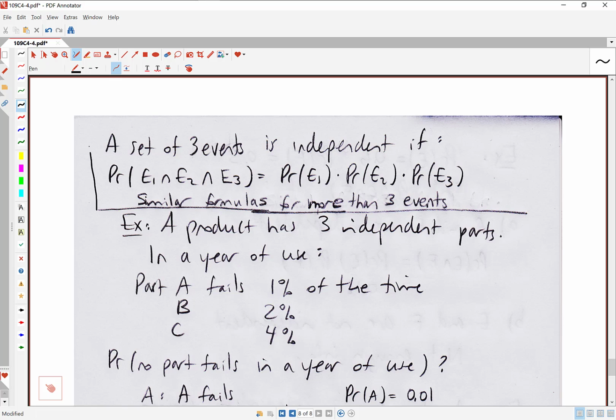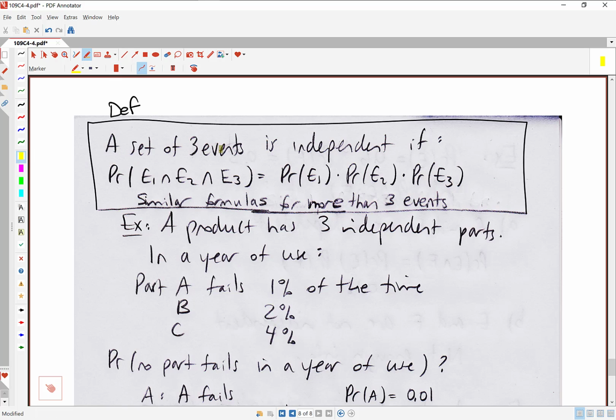Now, occasionally we may see situations where we've got 3 or more events. So let's do a quick definition for what independence means in that context. We'll say a set of 3 events is independent if the probability of, let's call our events E1, E2, E3, probability of E1 and E2 and E3 is just equal to the product of the 3 probabilities.